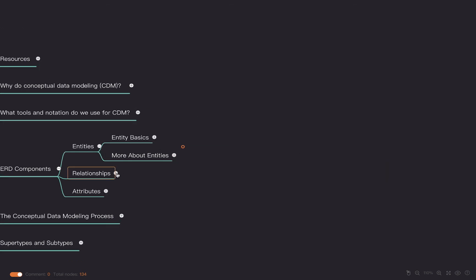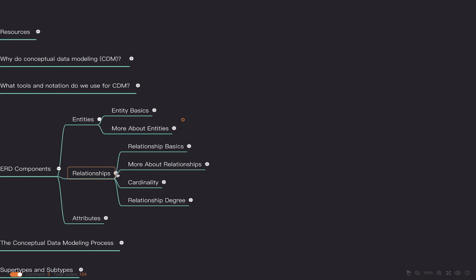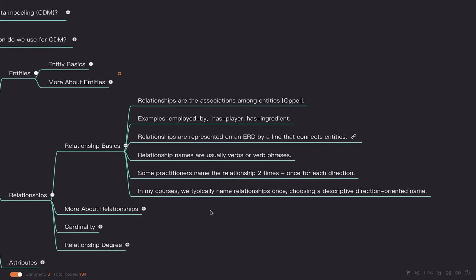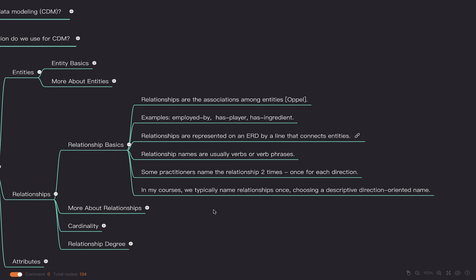Okay, let's talk about relationships. So let's talk about the basics of relationships. Andy Oppel, in his book, says relationships are the association among entities.